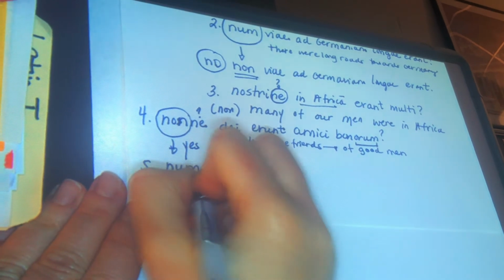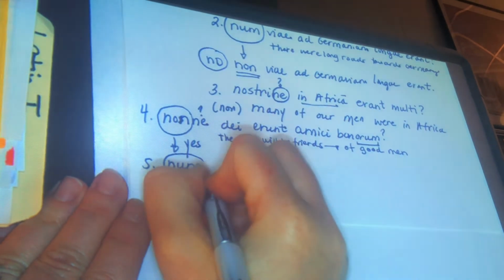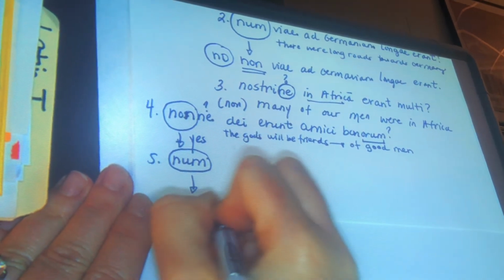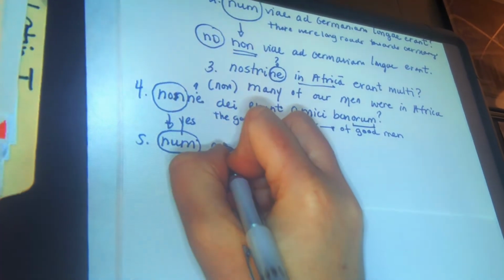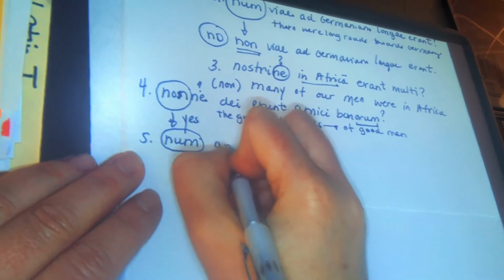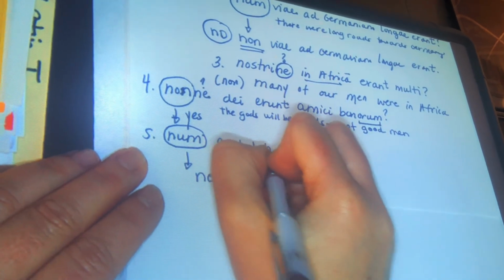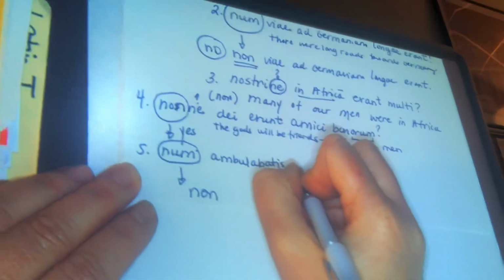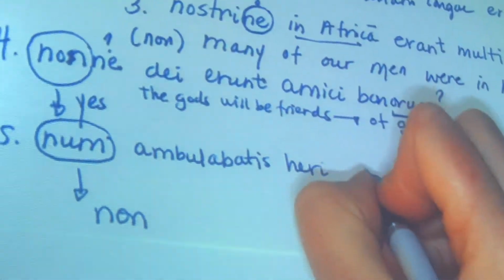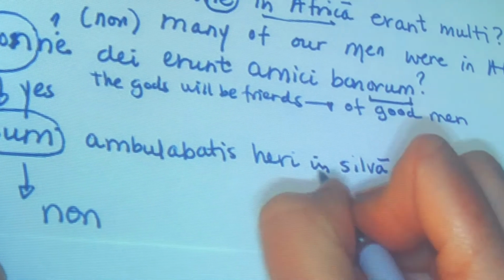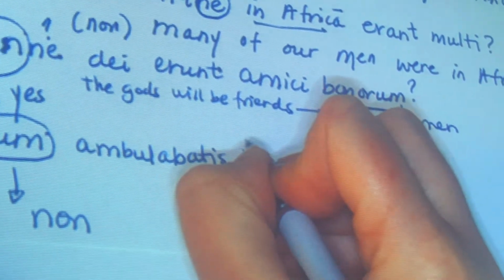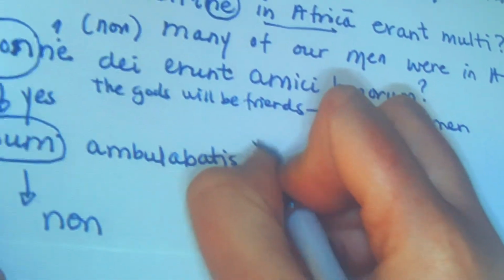And then our last one starts with num, so we know in the answer we have to start with non. Let's see what it's asking. Ambulabatis heri in silva longa. So in the forest, that goes together. Here, you remember heri, yesterday.